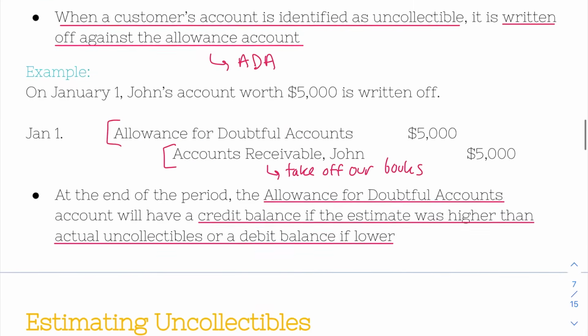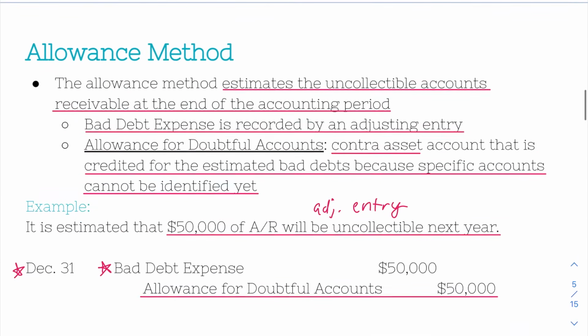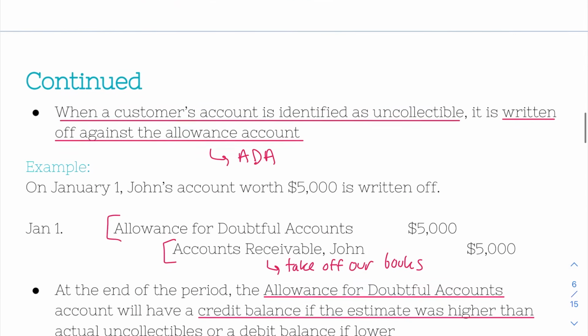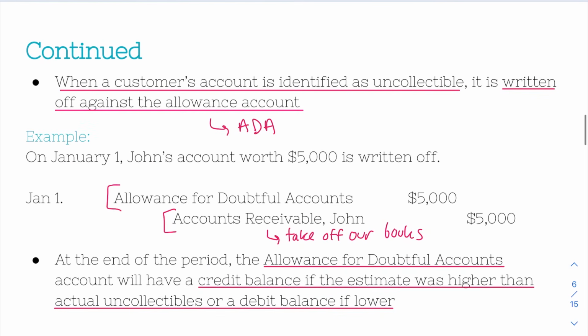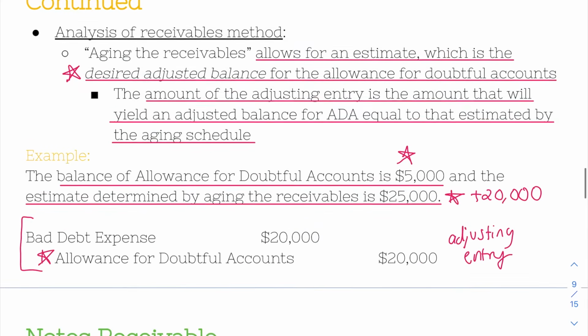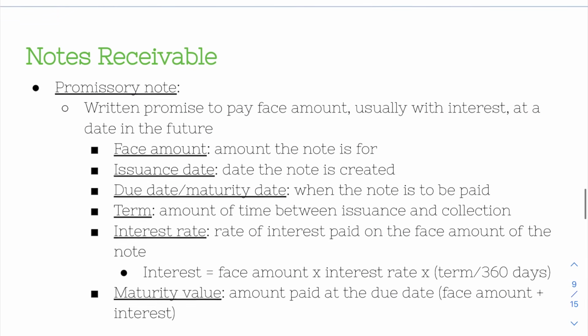That was this initial slide of how you get this adjusting entry. Once you have it, you could do it either way, then you do this process like normal. So the estimating doesn't affect this entry right here, it only affects your adjusting entry. Okay. And if that isn't clear, please feel free to follow up with questions.